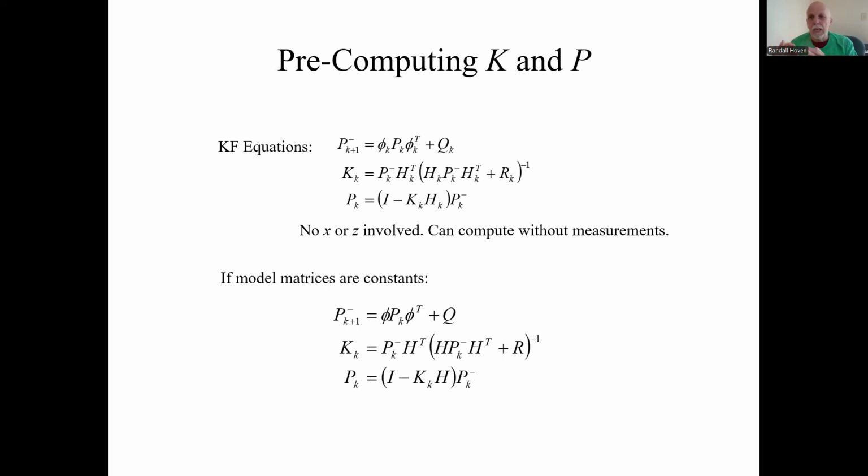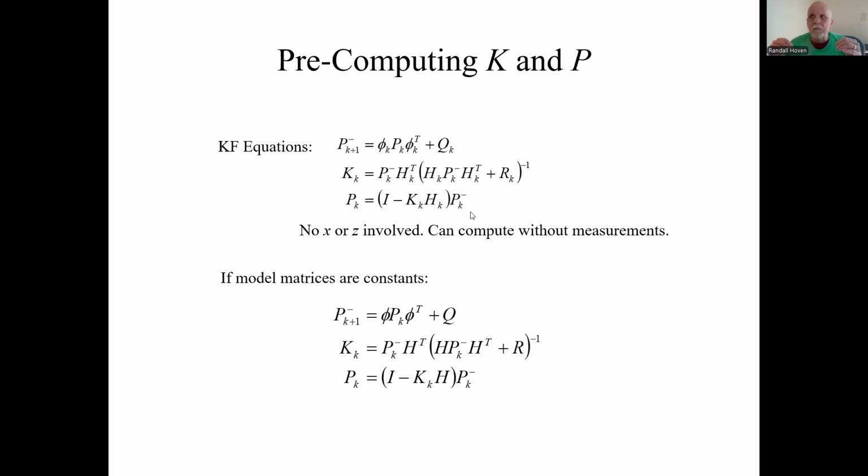the second and last little piece of information is, if you look at these updating equations, you need to compute the gain and update the error covariance matrix. Those equations do not involve your measurements. You don't need measurements to do these computations, so you can compute them ahead of time.